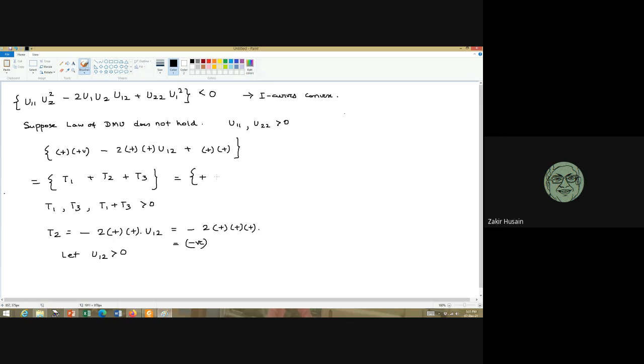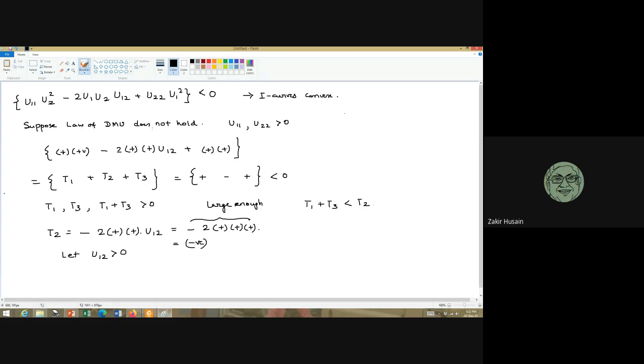So T1 is positive, then I have a negative term, then I have a positive term. If this part is sufficiently large enough, in fact, if this is larger than T1 plus T3, then this will be negative. This negative sign will dominate T1 plus T3. Okay. So the term within the second bracket will be negative.